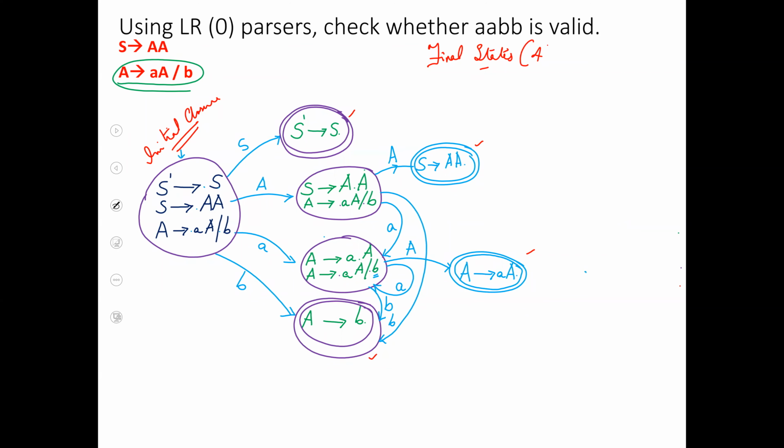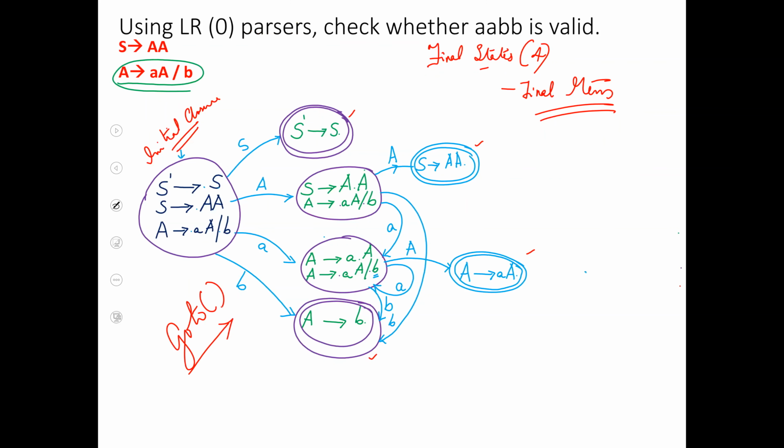I do have 4 final states. Each of these, I can call it a final item. Now, these transition operations, I will call them go to. So this is what you mean by go to and closure.